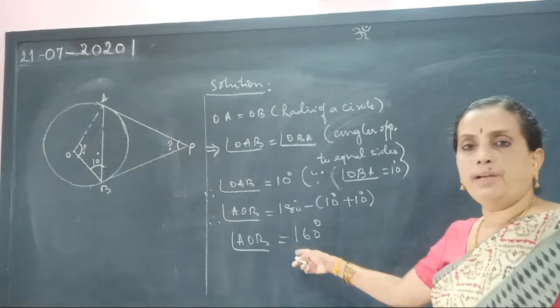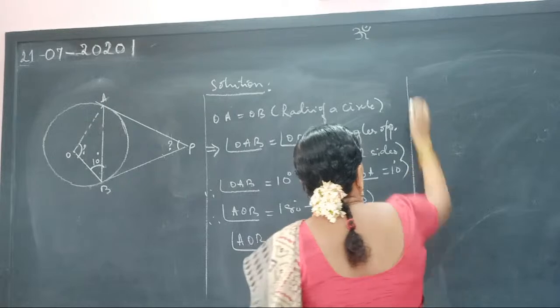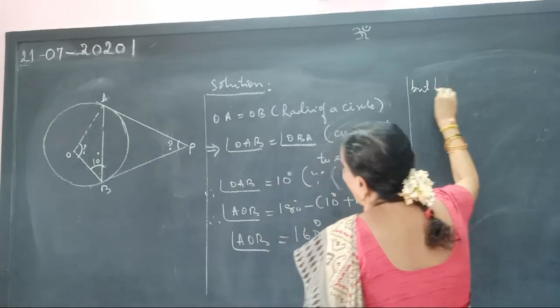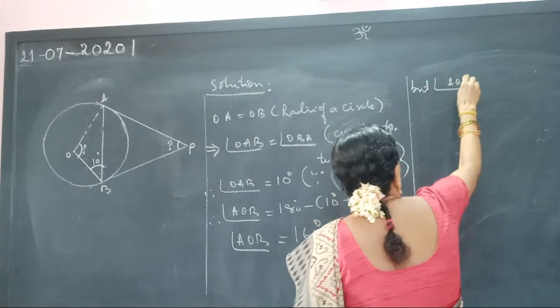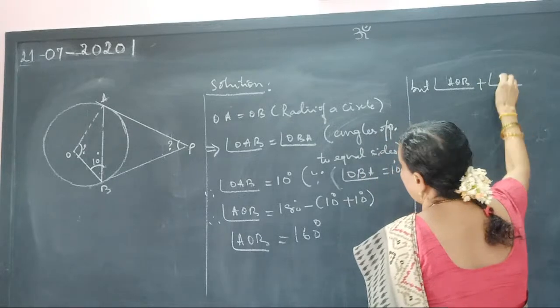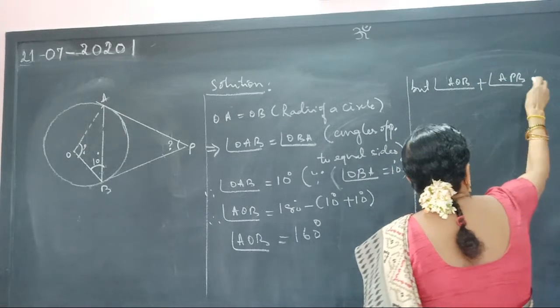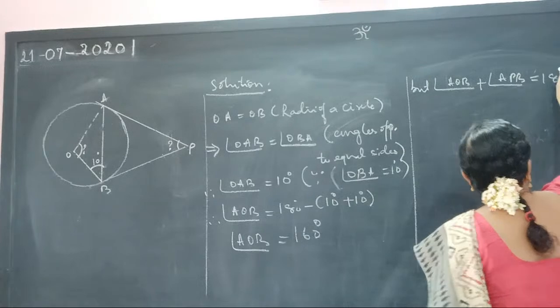Now after getting AOB, then you write, but angle AOB plus angle APB equals 180 degrees.